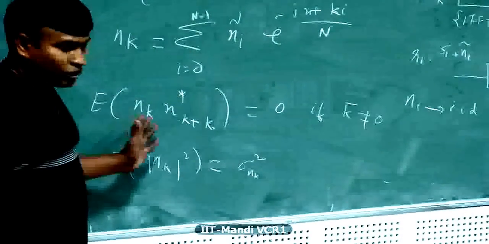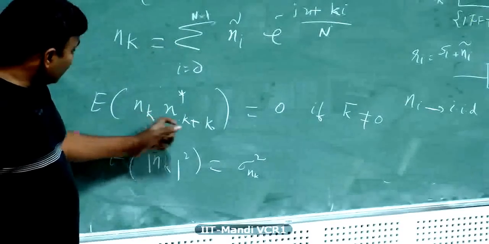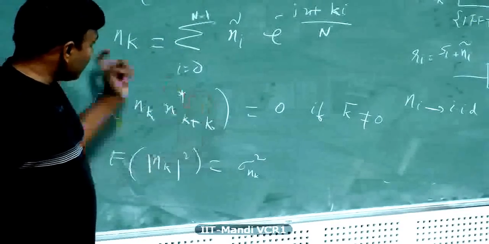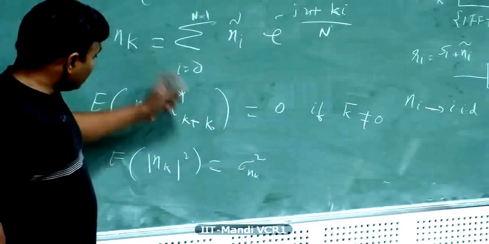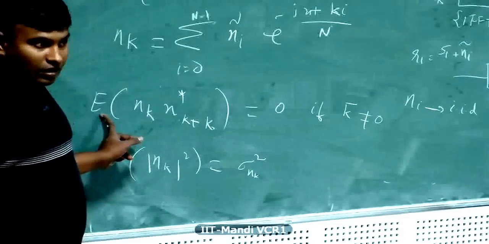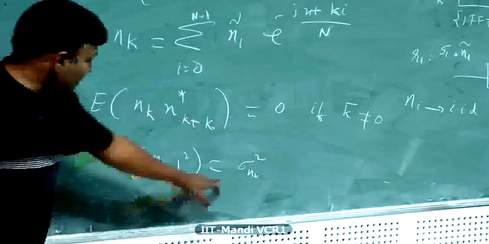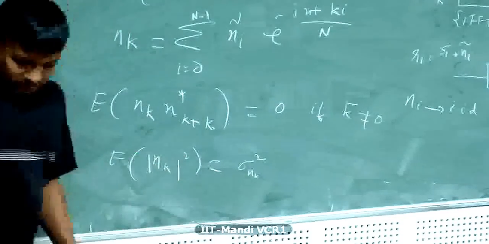Well, this you have to show. Take this, write N of K and write N conjugate of K plus K naught, carry out the expectation, and you should be able to show that for K naught other than 0, the autocorrelation goes to 0. And when K naught equals 0, it gives you a constant.